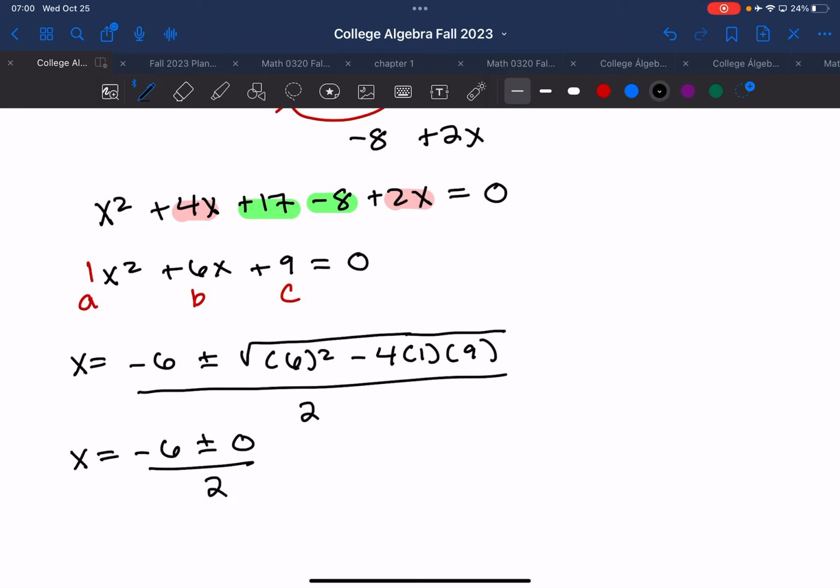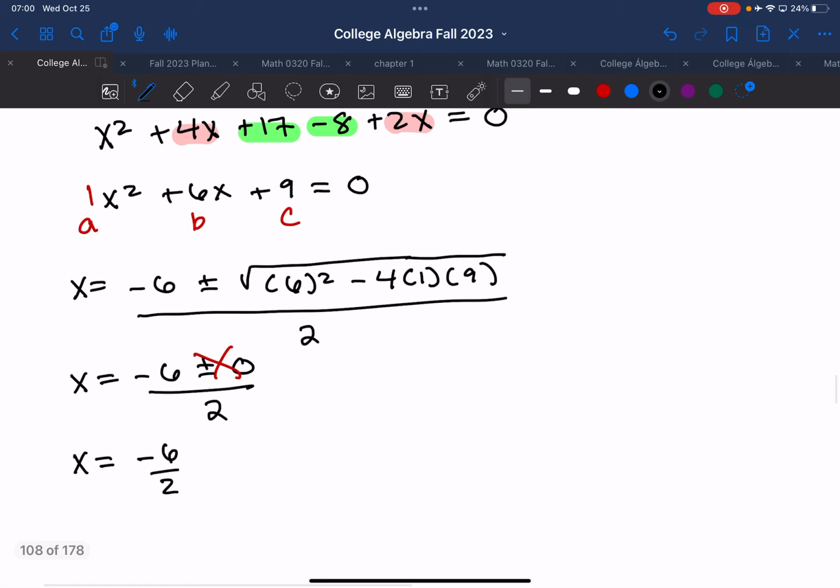Do I need that plus or minus 0? I don't. So I could write this as x is equal to negative 6 divided by 2. Negative 6 divided by 2 is what? Negative 3. We only got one answer here, so what does that tell you?